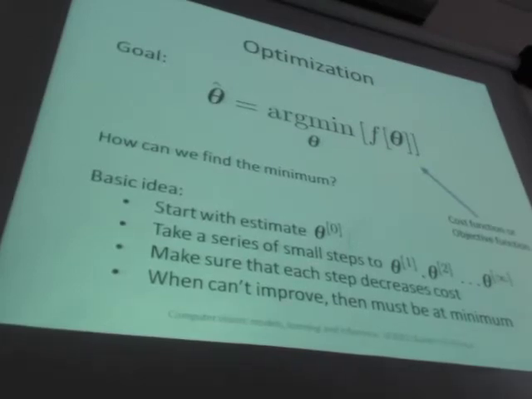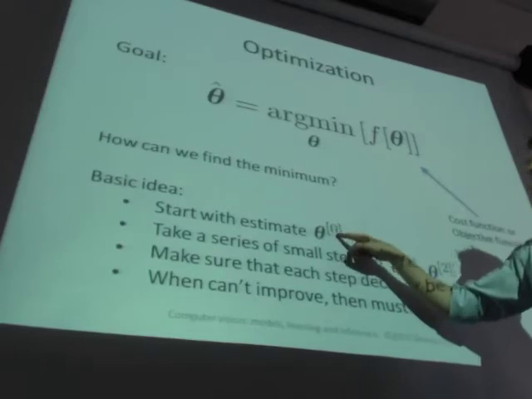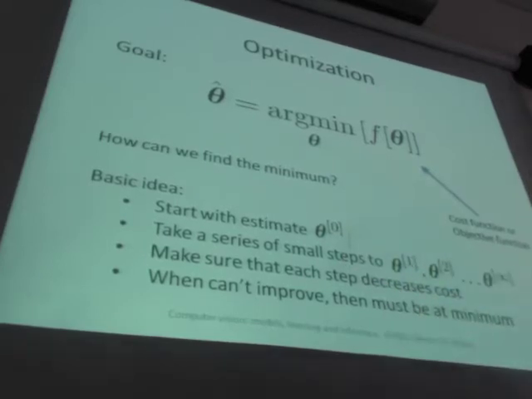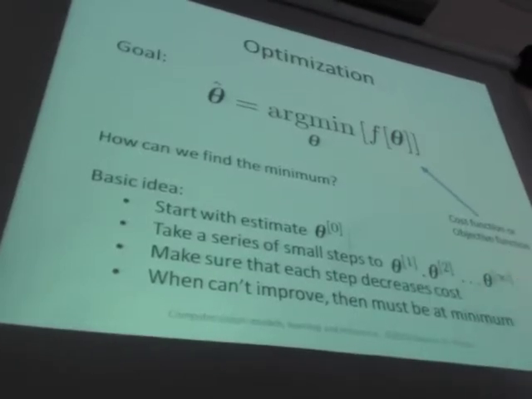So we're going to start with some estimate theta 0. This bracketed notation is not an exponent. This indicates at time 0, at step 0, we have an initial guess at our parameters theta, and we're going to take a series of small steps, 1, 2, 3. Maybe we have to take a lot of steps, hopefully not infinitely many, until we find a theta that makes us happy.